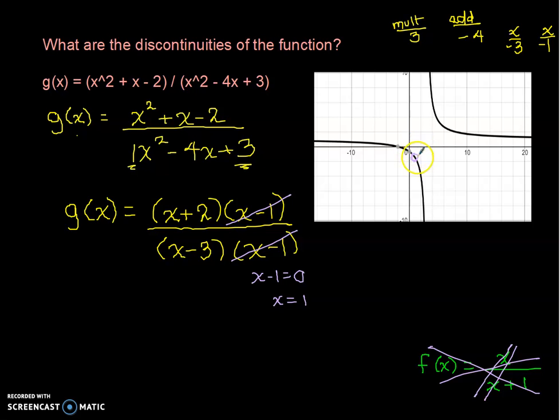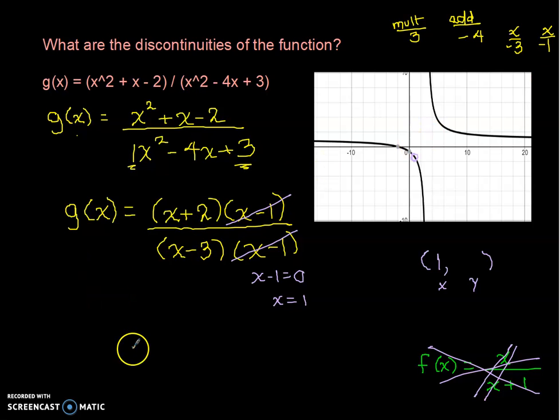But to figure out what point that hole exactly is at, we're going to do exactly what we always do if we know the x value. We know the x value for the discontinuity. To get the y value, I am going to replace the x into the simplified function. Remember, it doesn't work in the original function, so we replace it into the simplified function.